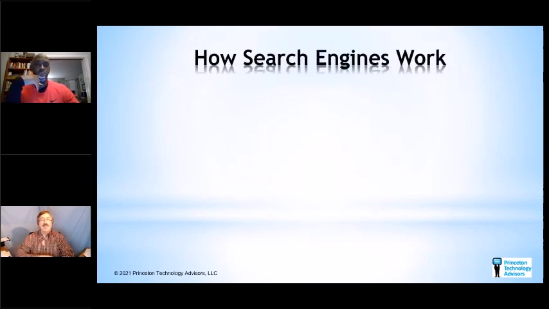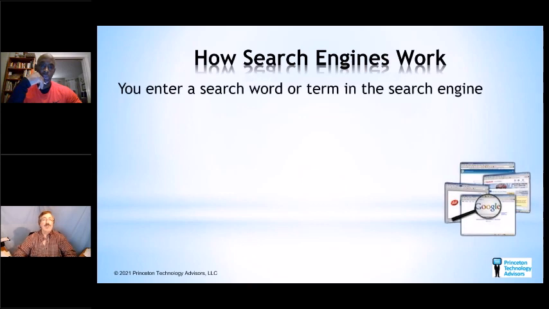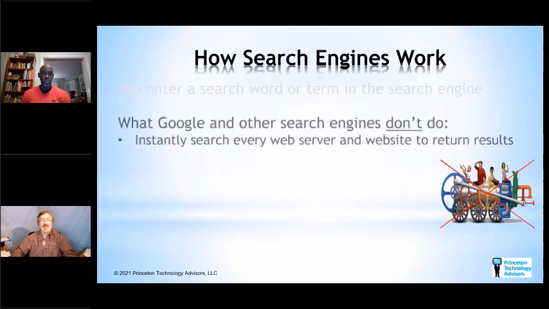So let's talk a little bit about how search engines work, and then you'll understand why you'll want to use some of these techniques. What you'll do is put in a search word or search term. Google and Bing and the others have a field where you can put individual words or phrases.